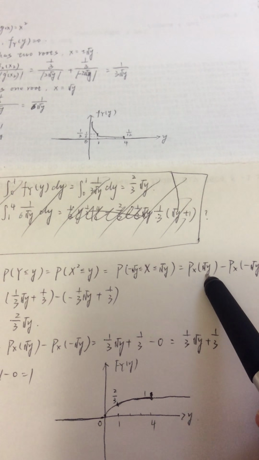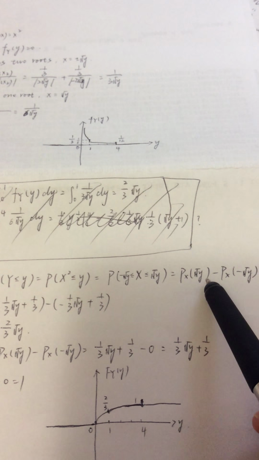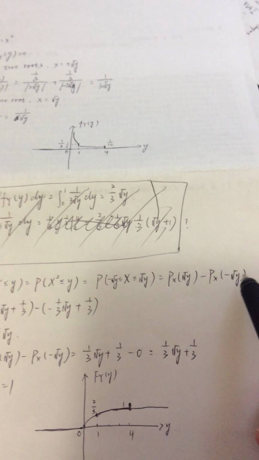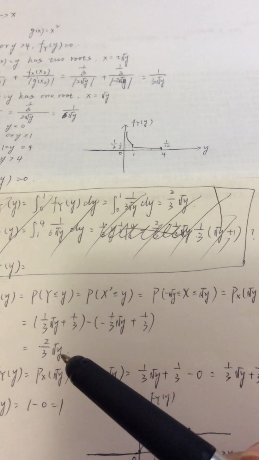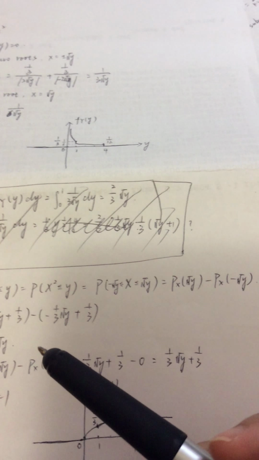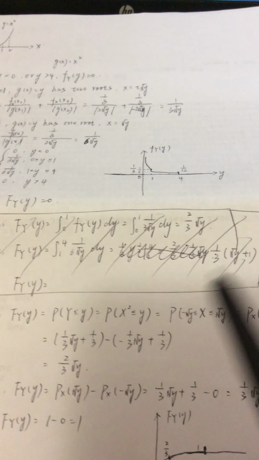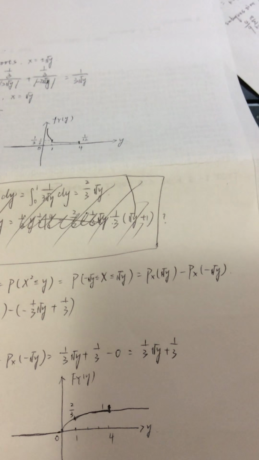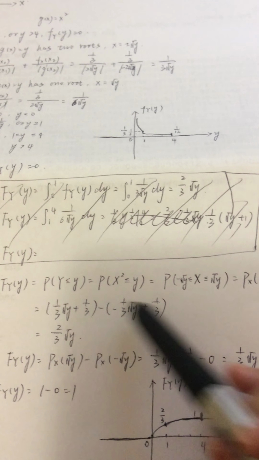Then we apply the values of square root of y and minus square root of y into the equation of F_X(x), and just replace the x by the two roots.